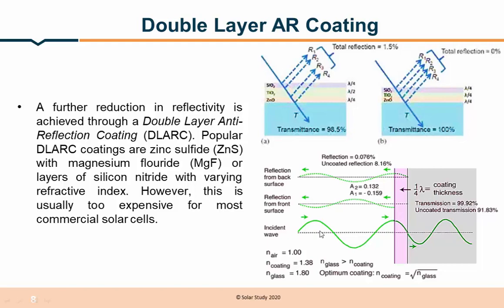In this image you can see that the refractive index of the air is 1, the refractive index of the coating is 1.38 and the glass is 1.8. So now it is very easy for light to come inside, and unwanted light, whether high frequency or low frequency, can be reflected out through this double layer anti-reflection coating.